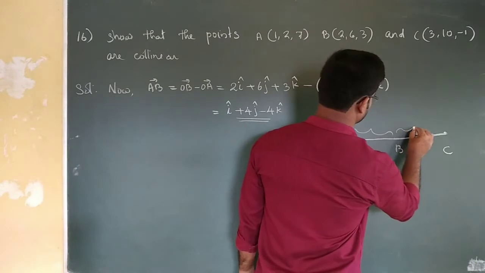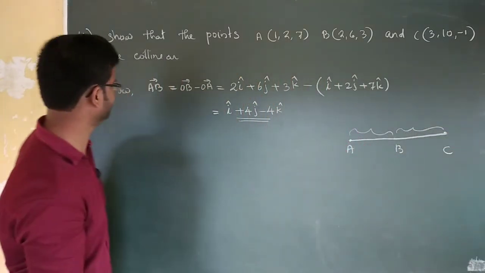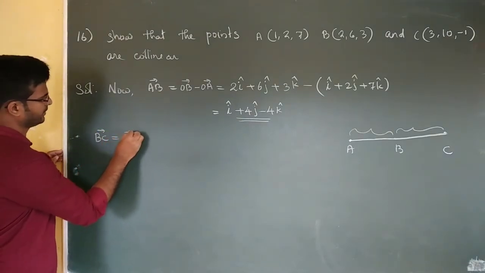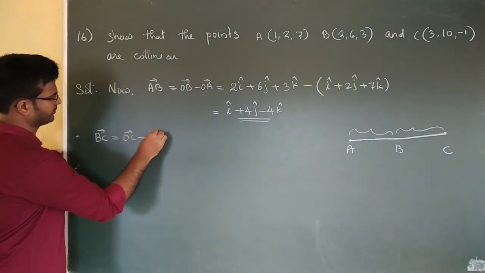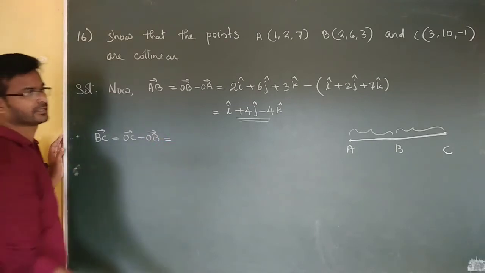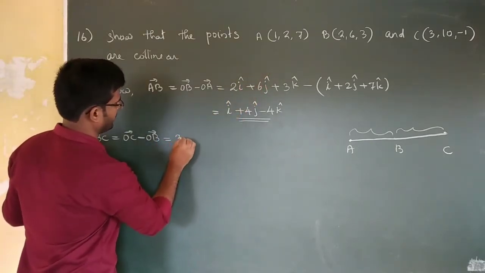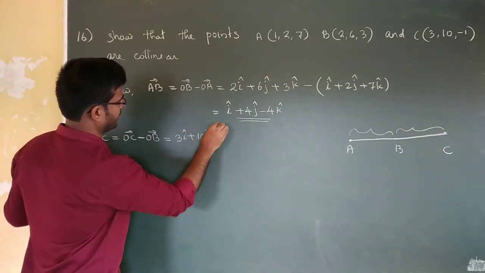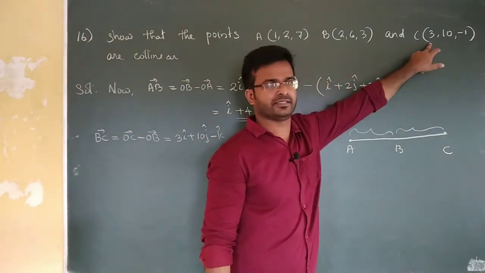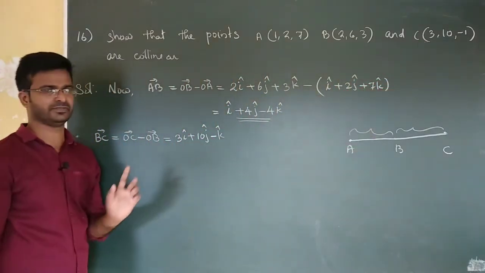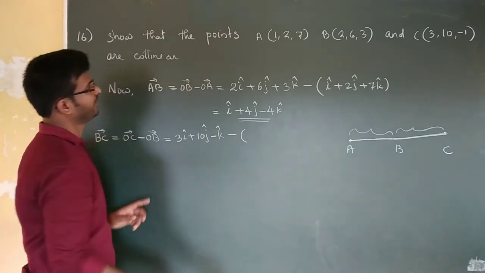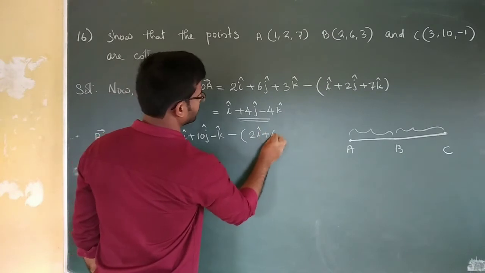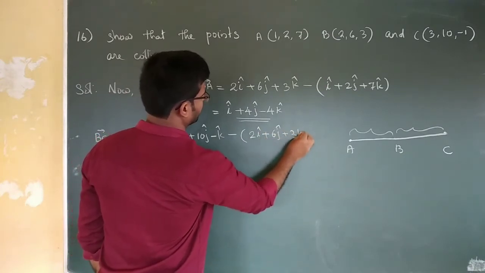Similarly, we can find out this part, BC vector. BC vector means OC vector minus OB vector. OC vector, from point C, we can write 3i plus 10j minus k. Then OB vector is 2i plus 6j plus 3k.